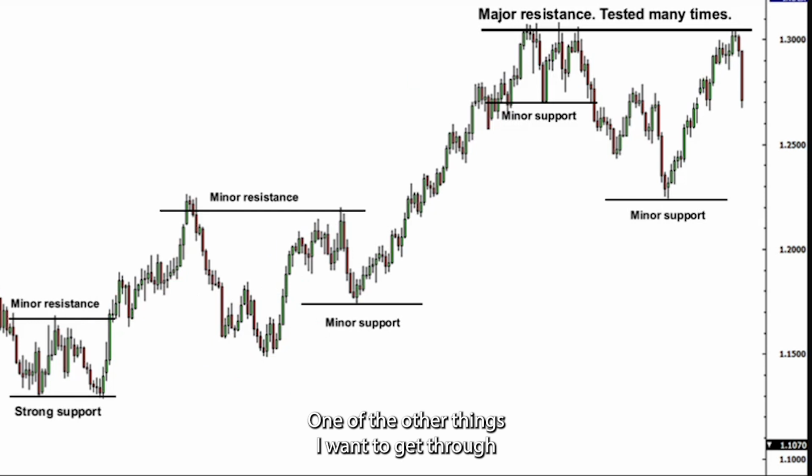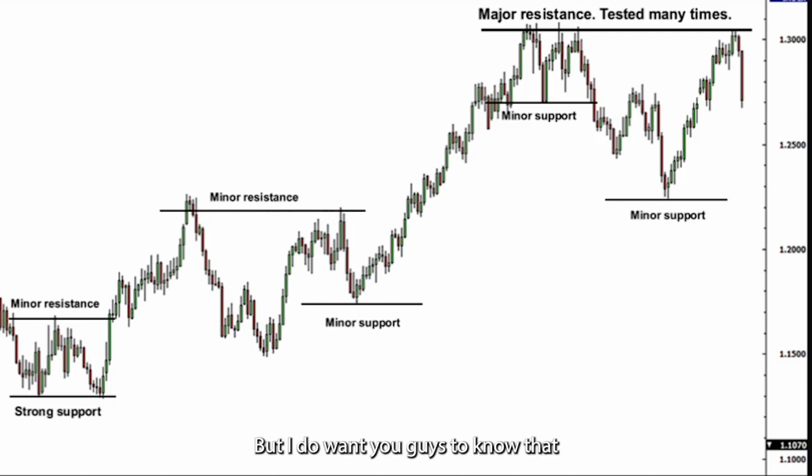One of the other things I want to get through your guys' heads is we can draw out these levels horizontally on our chart, but even though we draw, let's say, we have a resistance right at this line right here, let's call that $1.22.